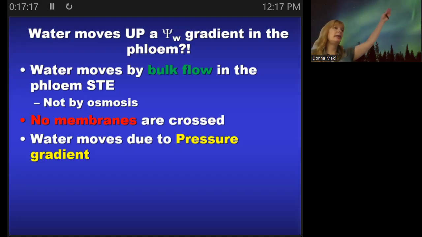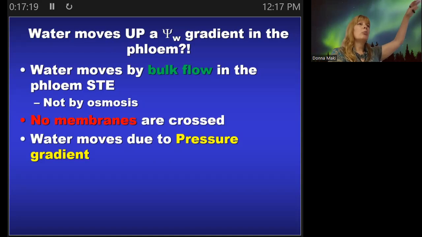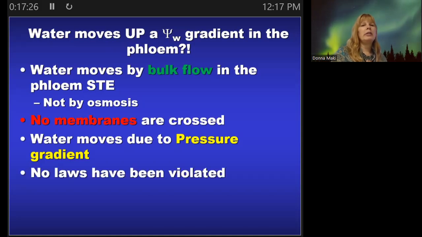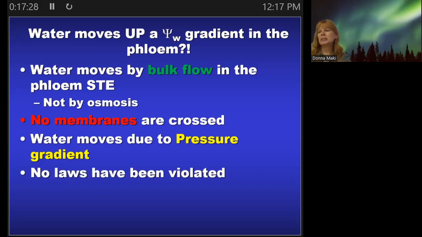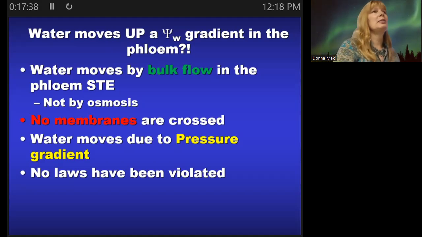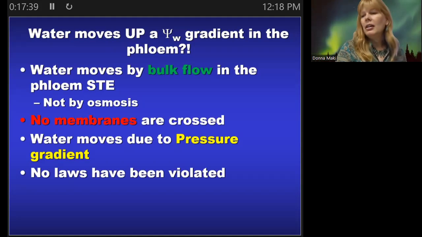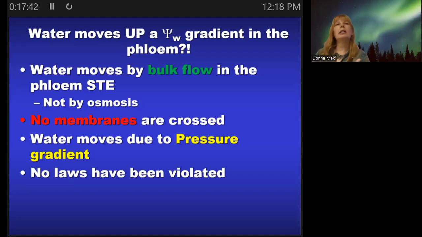Is there a pressure gradient from source to sink somewhere in that plant body in that particular sieve tube element highway? So we haven't violated any standard laws of osmosis. So this took a long time for the plant physiologists to figure this out. This was no easy feat, especially with the limited technology, but it's still the most widely accepted theory. They actually call it a theory, not a hypothesis.